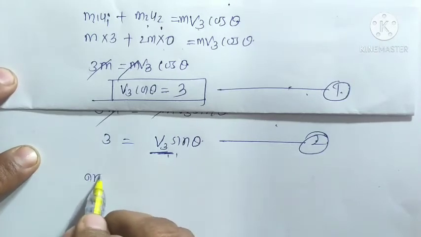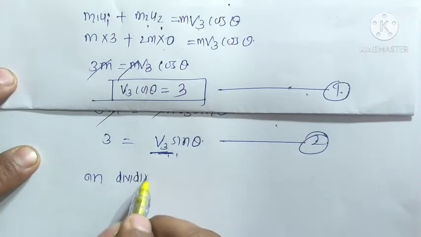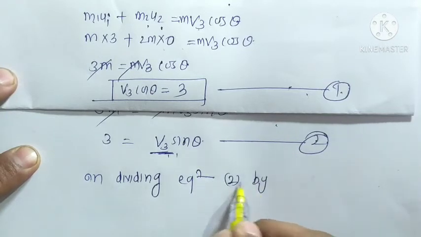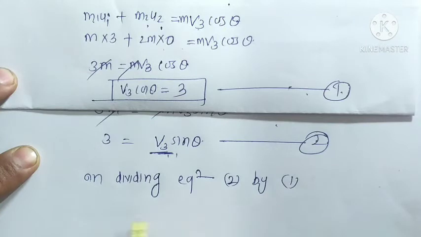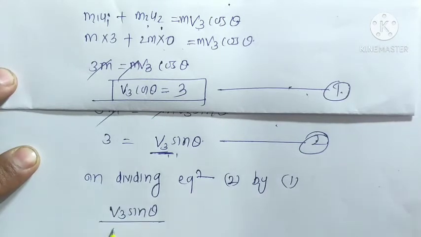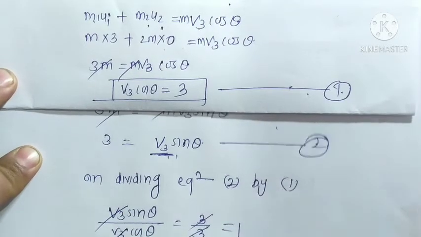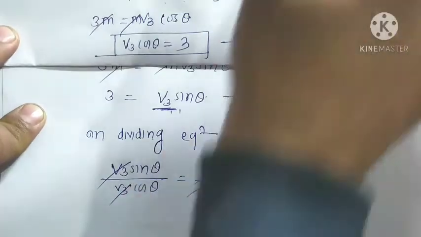So on dividing equation 2 by 1, v3 sin theta upon v3 cos theta is equal to 3 upon 3. Here v3 and v3 cancel each other, and 3 and 3 cancel each other, so 1 is left.